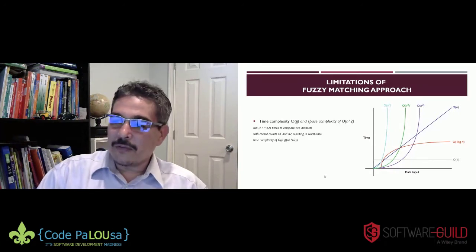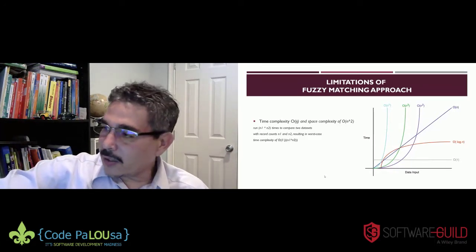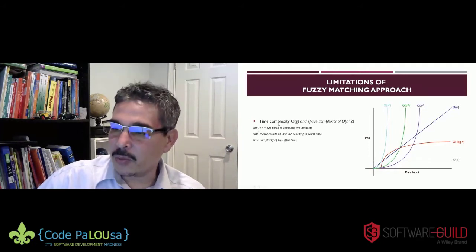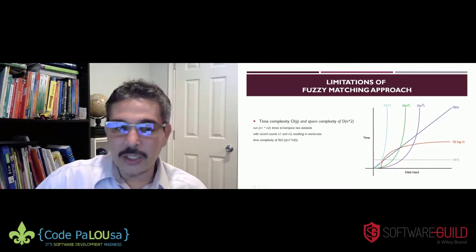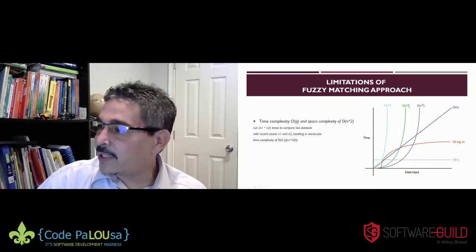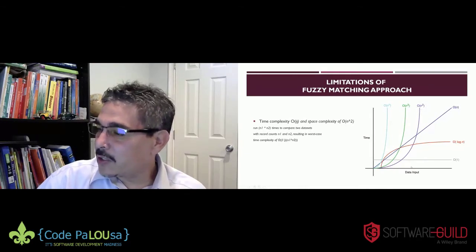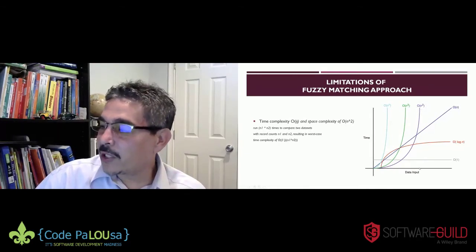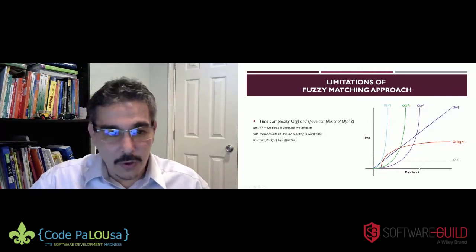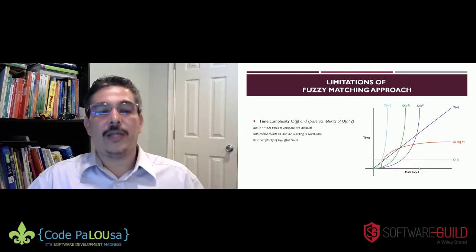So if you look at it, the time complexity will be very high. We run it almost n squared. So you can see that every time we increase the data, the time will be very high. Let's say I'm working right now at the University of Louisville, where we have more than 1 million records.